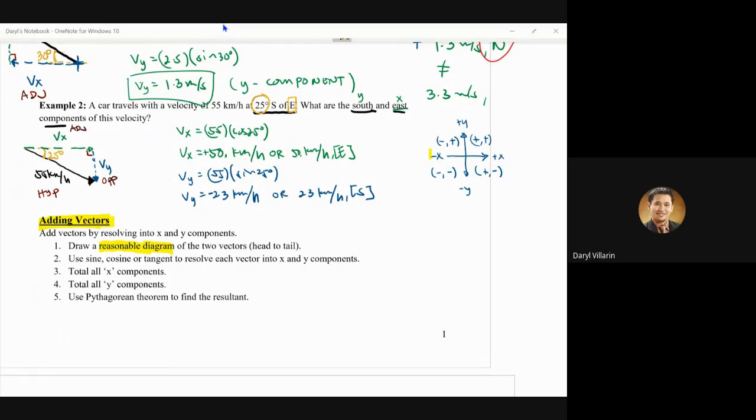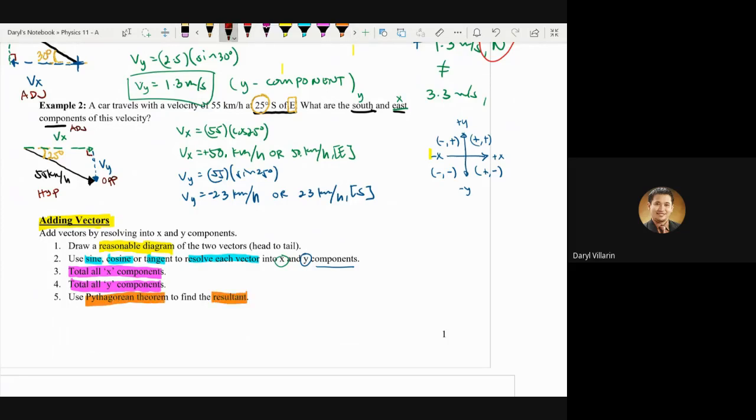And you use sine, cosine, or tangent to resolve each vector into x and y components. Then you get the total of each, and then use the Pythagorean theorem to find the resultant.